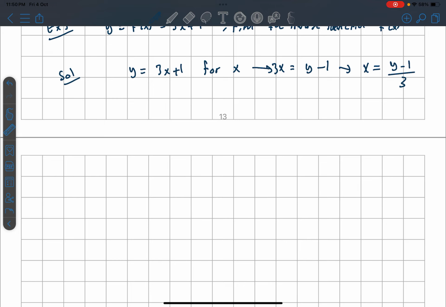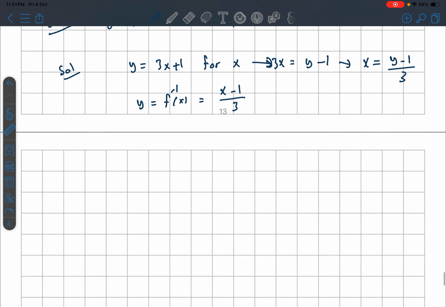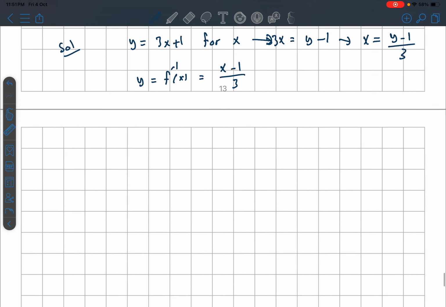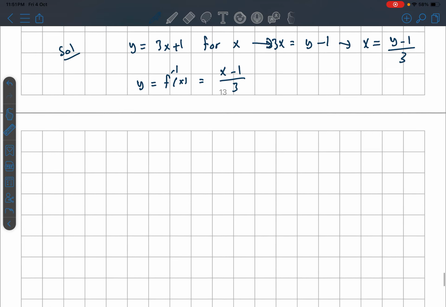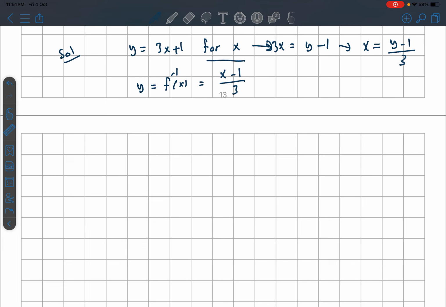Then swap x with y, so it will be f inverse x equals x minus 1 over 3. So we just swap x with y. And this is the f inverse x.